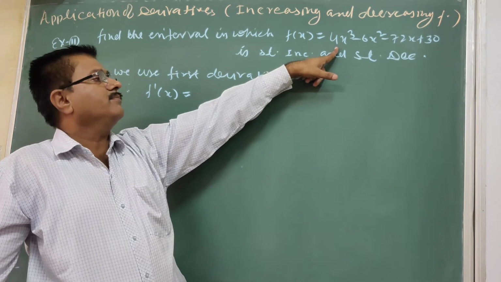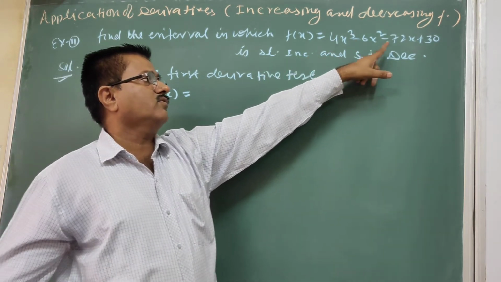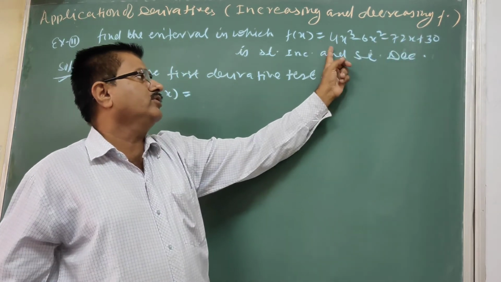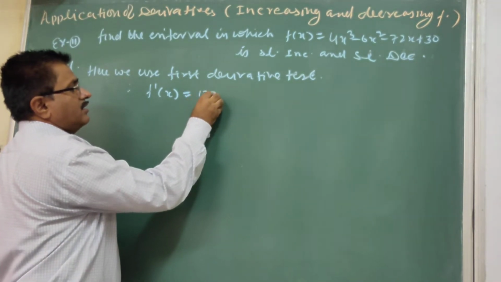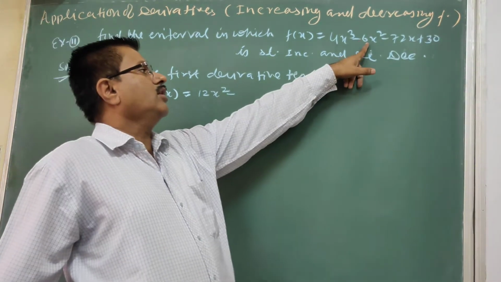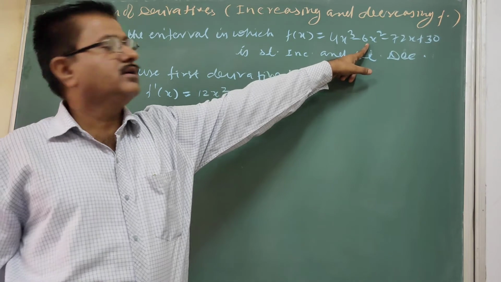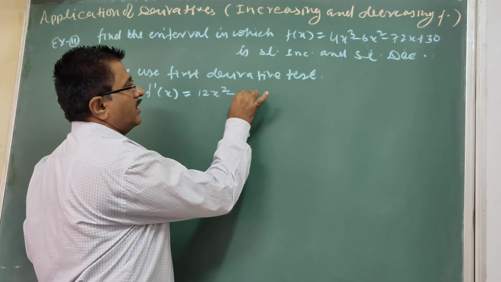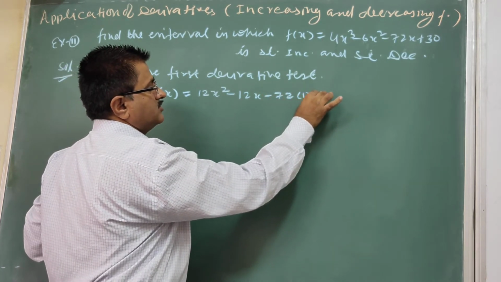So 4x cube minus 6x square minus 72x plus 30. So derivative of 4x cube is 4 into 3, that is 12x square. Then minus derivative of 6x square, that is 6 into 2, 12, so we can say minus 12x, and derivative of 72x is 72 plus 0.